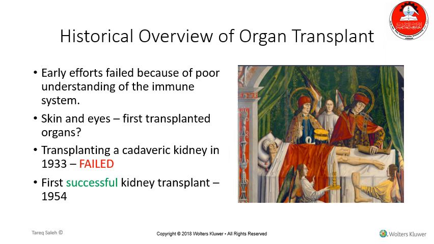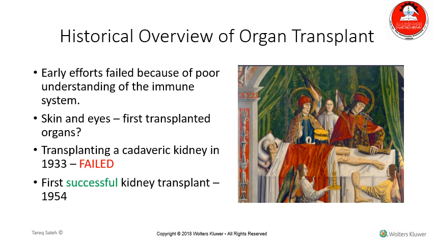So the search for those methods to successfully perform organ transplantation is very old. People tried to use organs from deceased individuals and transplant them into patients who are in need.